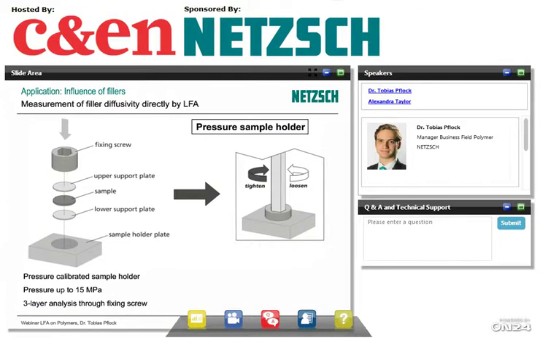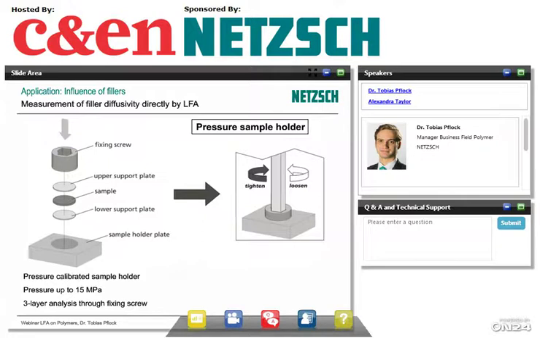First of all, if you want to do some research on the fillers itself, you could do this by using our pressure sample holder. So again, to the left, you see the principle here. We have 2 support planes. You put the sample powder in between the upper support plate, and then you have to set a certain pressure that determines the packing of your filler material.